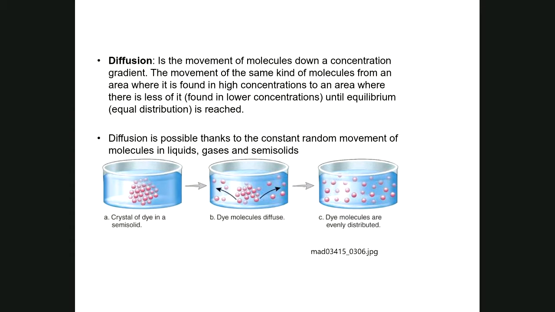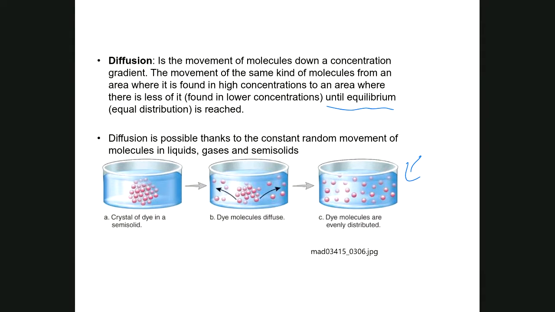The movement of the same kind of molecule from an area where it is found in high concentration to an area where there is less of it, until equilibrium is reached. So by equilibrium, here's a nice picture of equilibrium. What we mean is that there's equal distribution of the molecule within the system. The system could be an ocean, a lake, river, pond, puddle, a cup of water, whatever it is that you're talking about. Test tube.